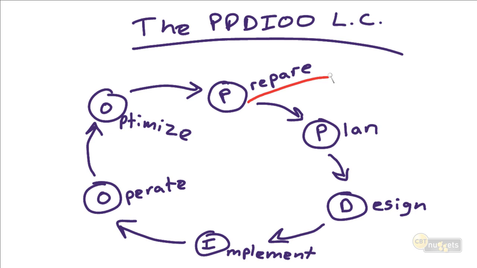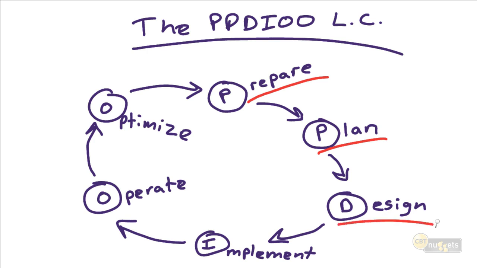And as I've already alluded to, we're going to really identify what it is our customer needs out of their network, and that would be part of the prepare phase. What about the planning? Yeah, in the plan phase, we would literally figure out how much money we're going to need, how much staff we would need to pull this off, what kind of training that staff would need, and then we'd hit the D, the design phase.